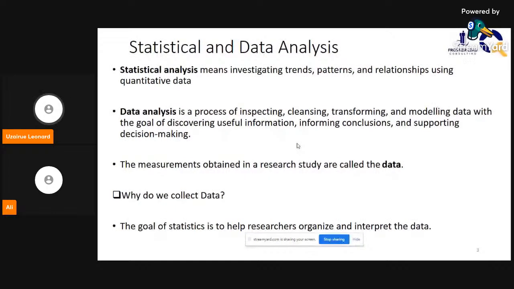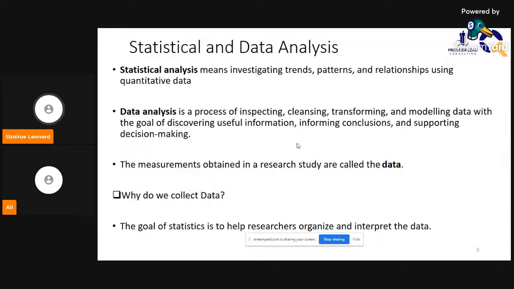For example, male hematocrit, is it different from female hematocrit? Is the hematocrit from the north central different from the southeast, the southwest, the south, and all of that? Another thing you may want to check is whether the diet of these individuals influences the hematocrit level. For you to do all of that, you use statistical methods.